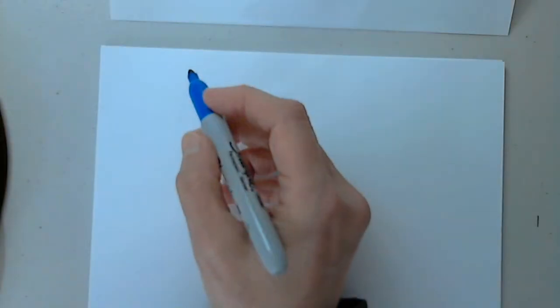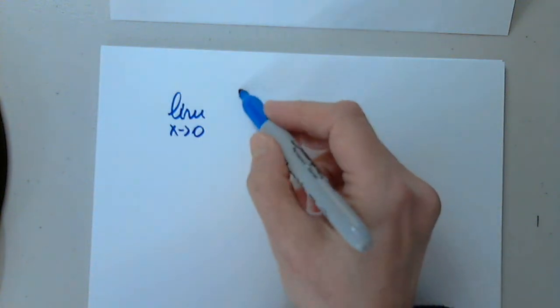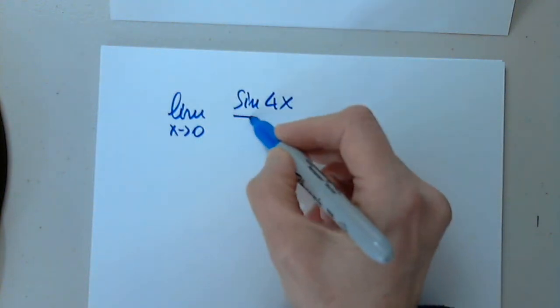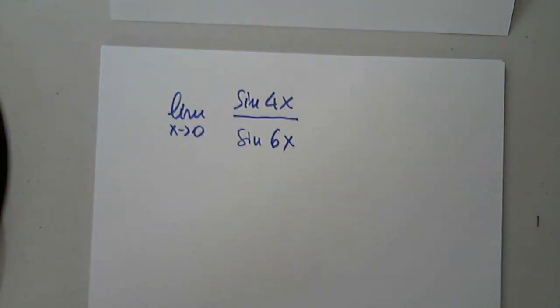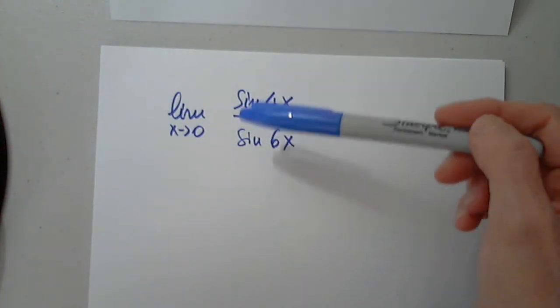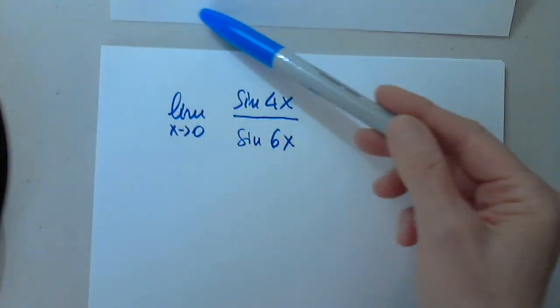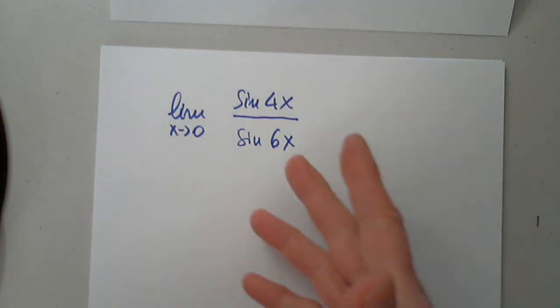So I'm just going to start with this: the limit as x approaches 0 of sine 4x divided by sine 6x. And you could say, wait a minute, I don't see any connection. What's the connection between this and this?